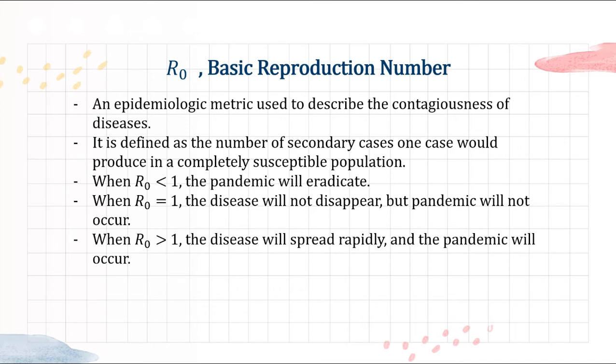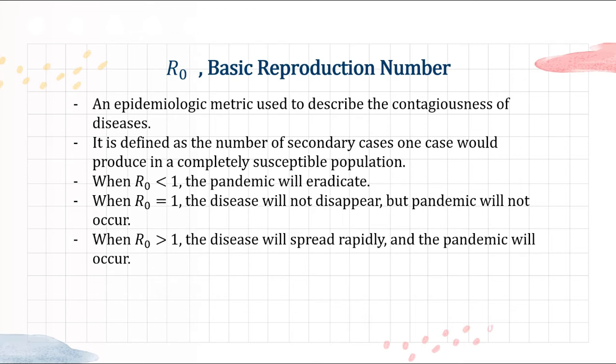Basically, we can divide the basic reproduction number into 3 conditions, which is when R0 is less than 1, R0 is equal to 1, and R0 is greater than 1. When R0 is less than 1, that means the disease will disappear and the pandemic will eradicate eventually.